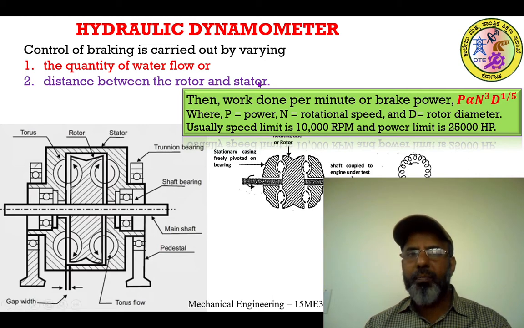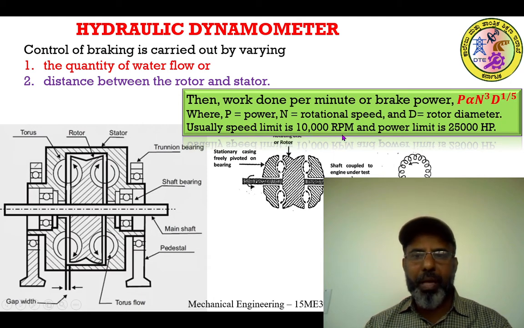Generally this hydraulic dynamometer is employed up to 10,000 rpm, and its power limit is 25,000 HP. Remember, it can be employed up to 10,000 rpm, and its power limit is up to 25,000 HP.